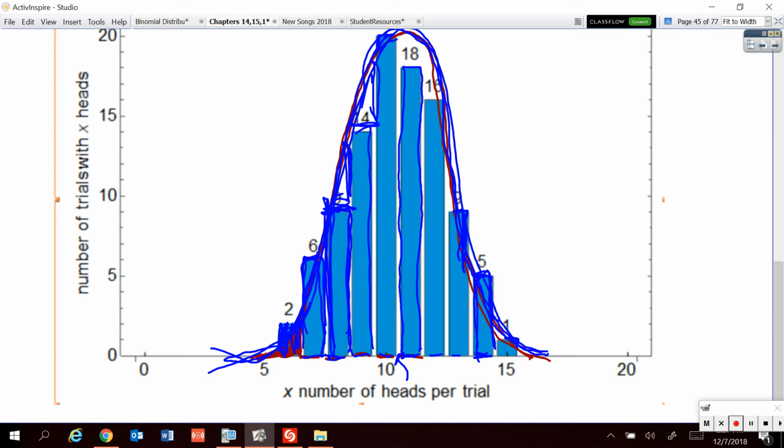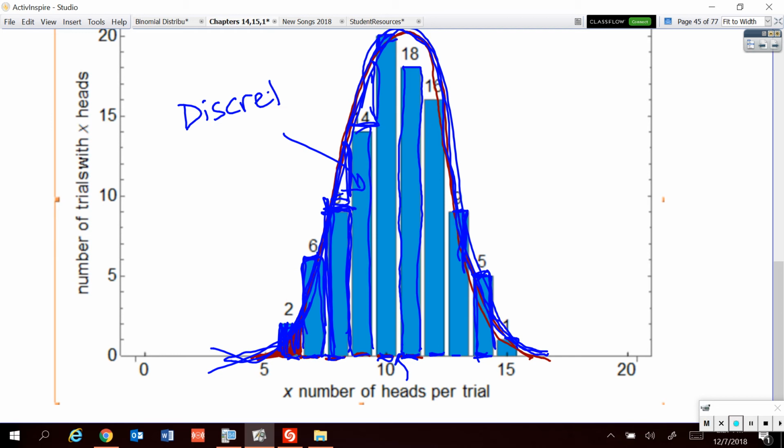There are spaces because you cannot have part of a flip that gets heads. You are either having 10 heads or 11 heads or 12 heads or 6 heads or 7 heads out of your 20. So what is happening is this is called discrete data.